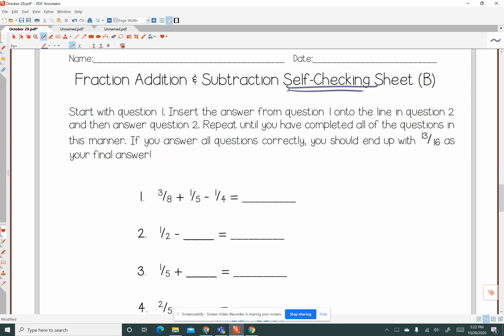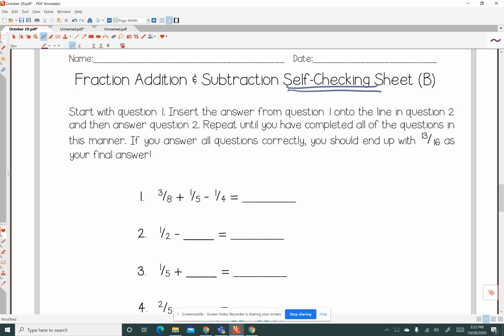And what makes them different is when you put an answer in one space, that then becomes the thing that you put in the next space. So whatever we put here, we will put here, and then we'll add this 1/2 plus whatever is here, and we'll get a new number. So I'm going to erase that, get ready to do our problems.